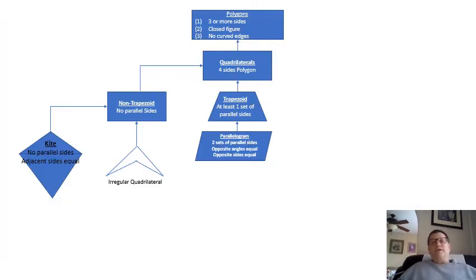Now let's take a look at this flow chart. We got two of them to put in here this time. First thing, let's start with a rectangle. Now, we know a rectangle is a quadrilateral. It has at least one set of parallel sides, so it can be classified as a trapezoid. And if we look at the parallelogram, it has two sets of parallel sides, and opposite angles are equal. Well, in a rectangle, opposite sides are parallel, and opposite angles are equal.